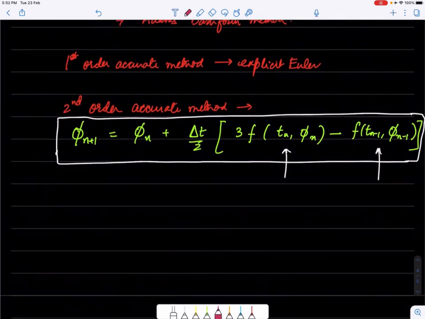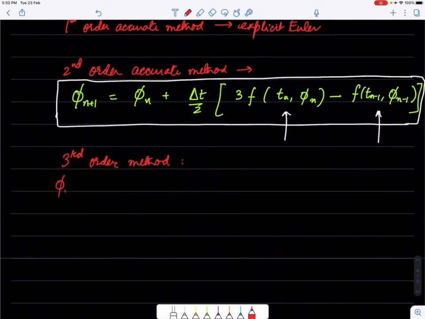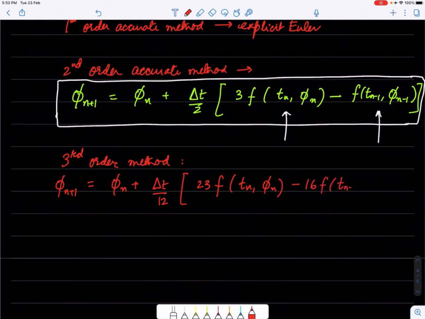Similarly, a third order method would look like this. A third order method means that we need to take 2 data points behind tn. So we'll have phi n plus 1 to be phi n plus delta t by 12, and now the coefficients would be 23 f(tn, phi n) minus 16 f(tn minus 1, phi n minus 1) plus 5 f(tn minus 2, phi n minus 2).